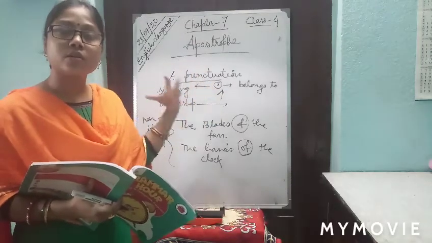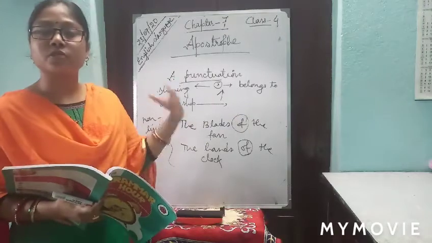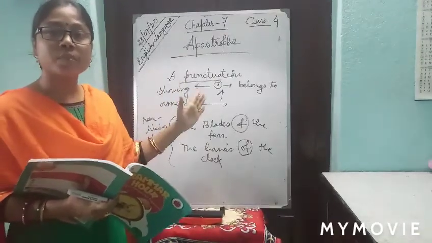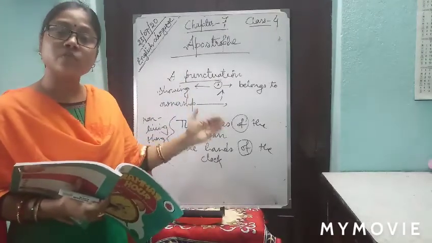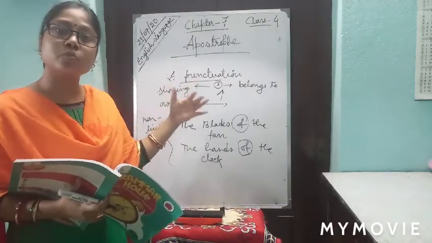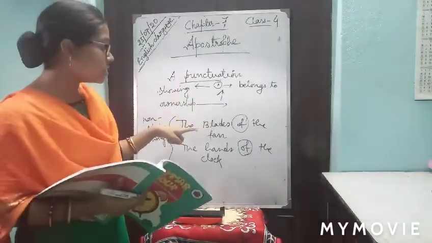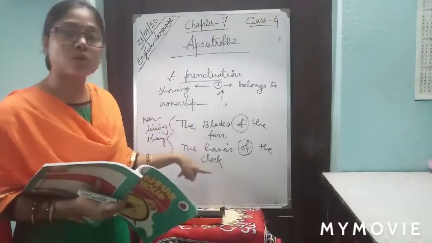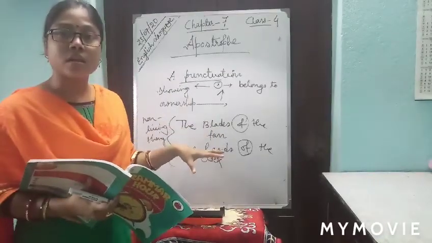Apostrophe. What does it show? It shows belonging to someone, possession, ownership. For living things we use the apostrophe, but for non-living things, instead of the apostrophe we use of. Like the blades of the fan, the hands of the clock.